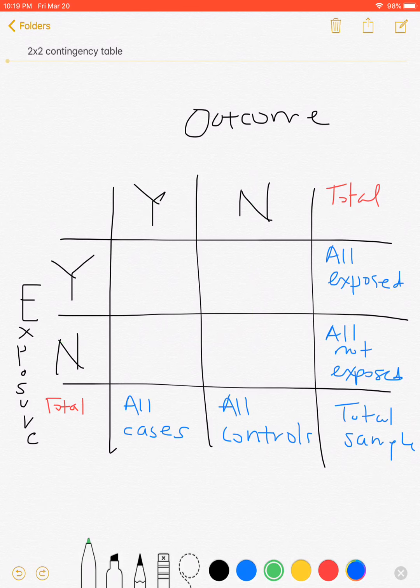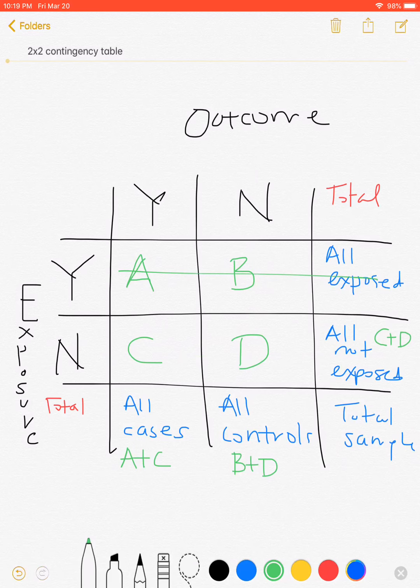When we do these tables, we actually have letters that we put inside of them to help us calculate later on. So a lot of times you'll see this box called A, this box called B, this box called C, this box called D. Then this box down here, therefore, is A plus C. This box is B plus D. This box is C plus D, because we read this way now.